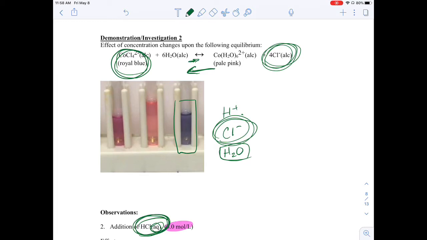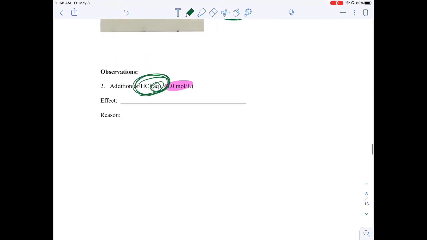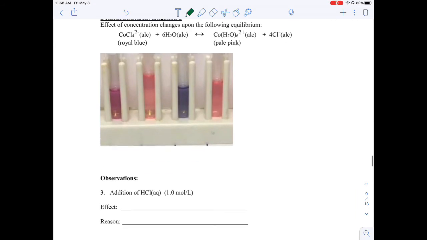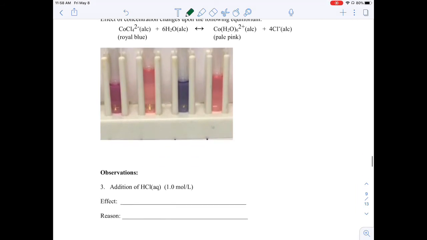Now, I wouldn't expect you to come up with that on a test because that's a lot of explaining and understanding, and it's not very well predicted. But because we've got the evidence, we can explain it. And in the next example, I probably wouldn't even have picked up on it if it wasn't for this example, we're adding HCl, so again, H+, Cl-, and H2O, but now it's a much lower concentration.